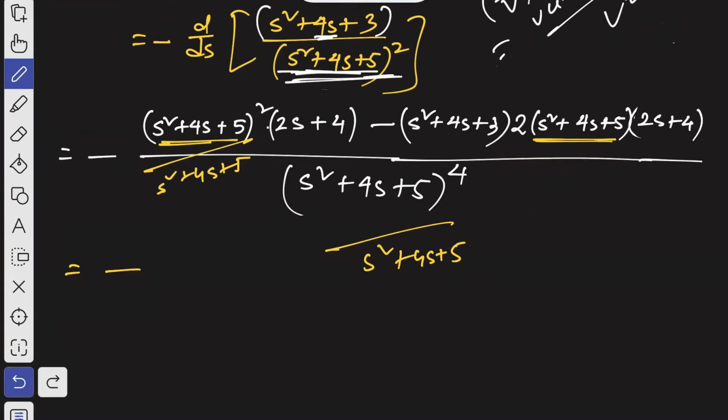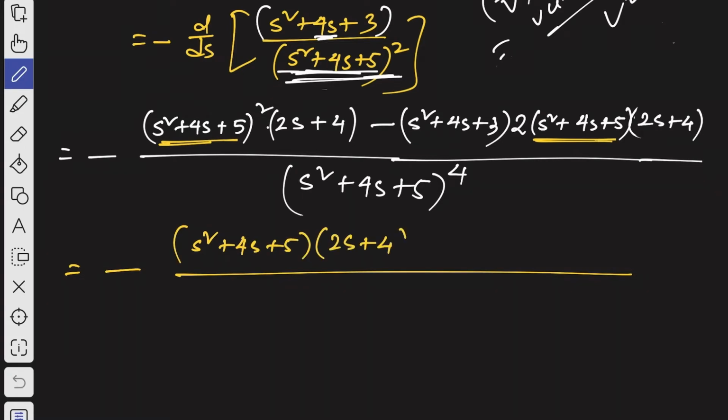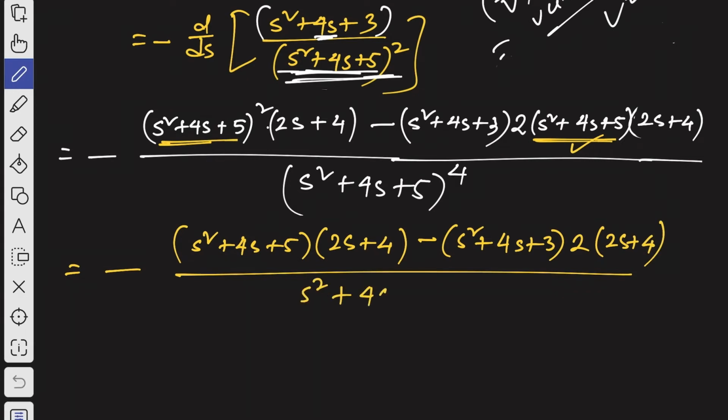If you assume that, our result will be: only one term is left, (s square plus 4s plus 5) into (2s plus 4), minus (s square plus 4s plus 3) into 2 into (2s plus 4), and the denominator, instead of power 4, will have power 3: (s square plus 4s plus 5) whole to the power 3. That's what we will get.